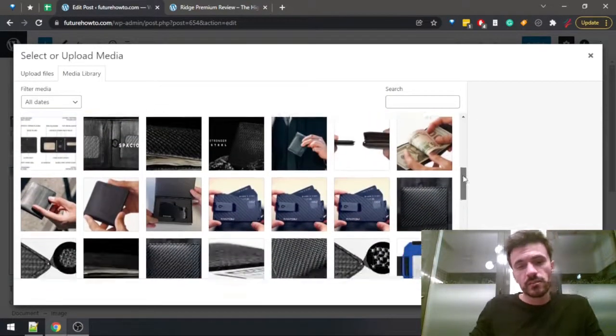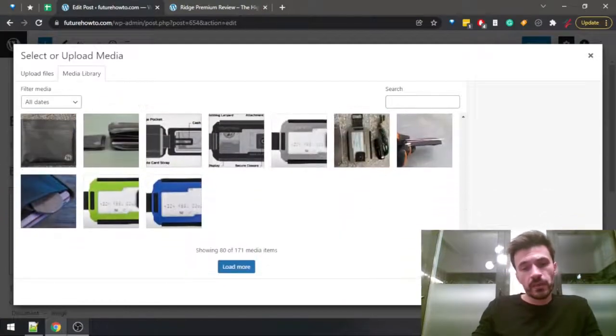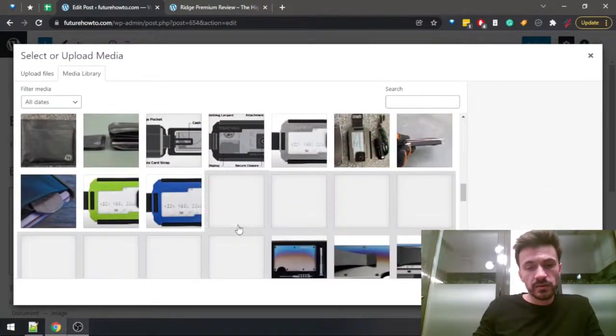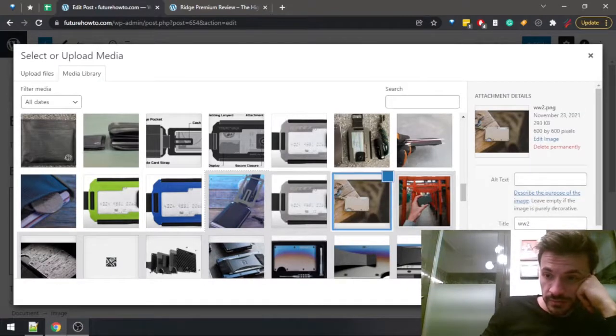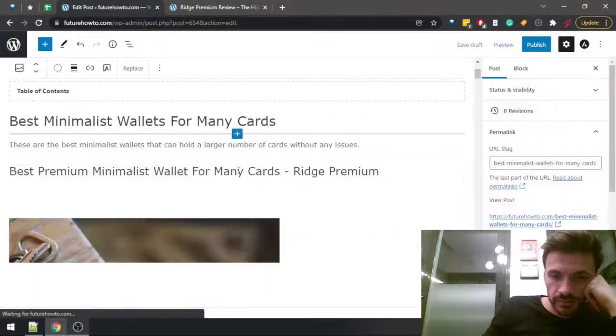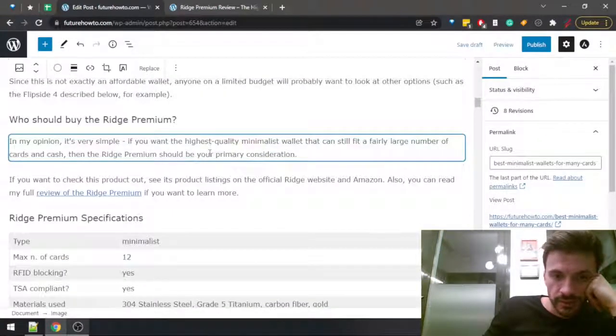I think you saw me add images in the product reviews guide. I'm missing alt tags here. Okay, let's just do it like this for now.